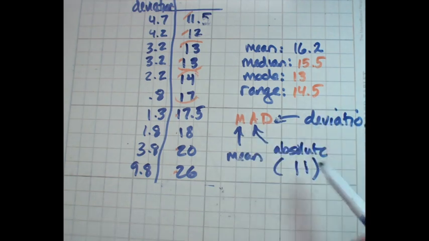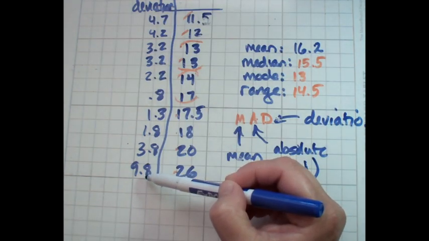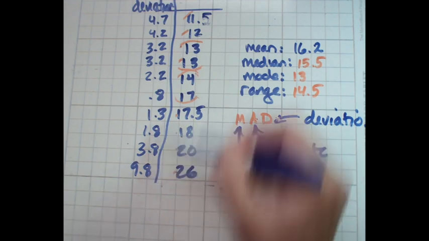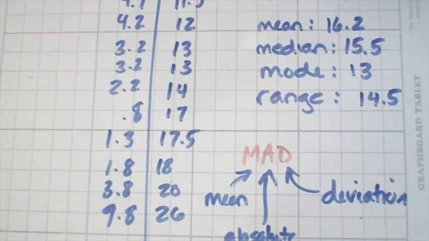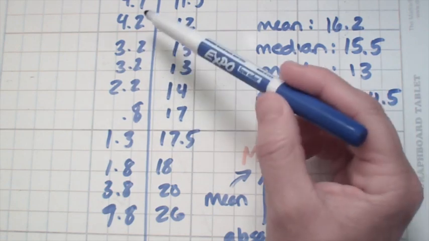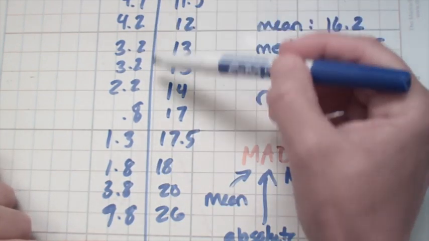So we are going to add up our deviations and divide by 10, the number of deviations. So we're going to find the average or the mean of the deviations. To find the mean absolute deviation, I'm going to take the mean of the deviations. So we're going to do what we did when we found the mean of the money.